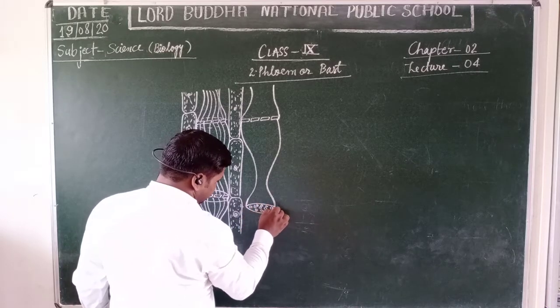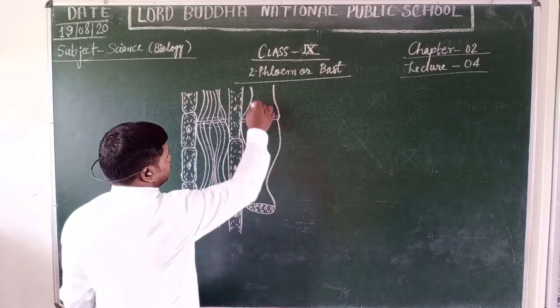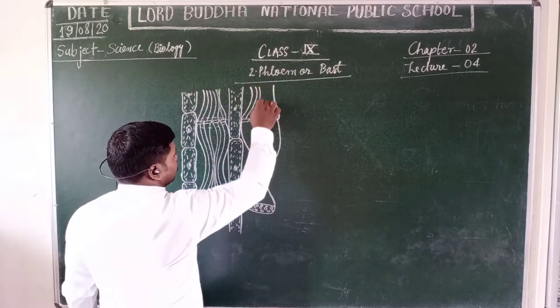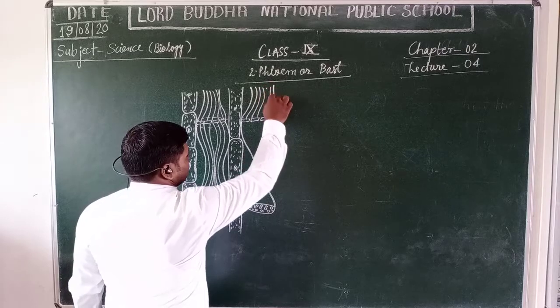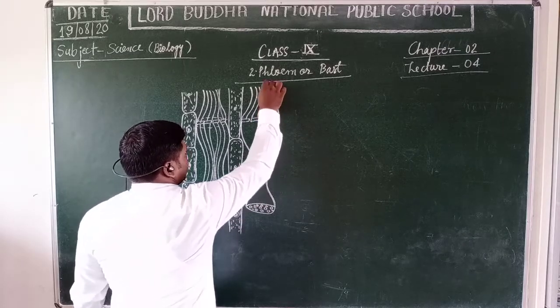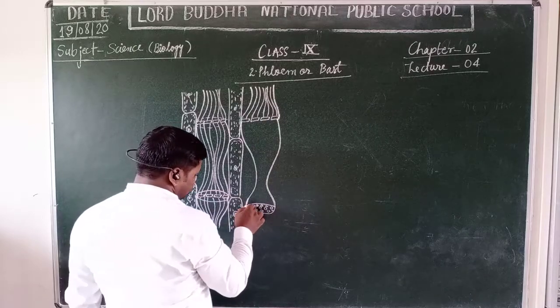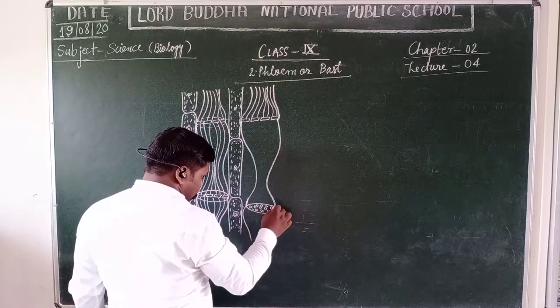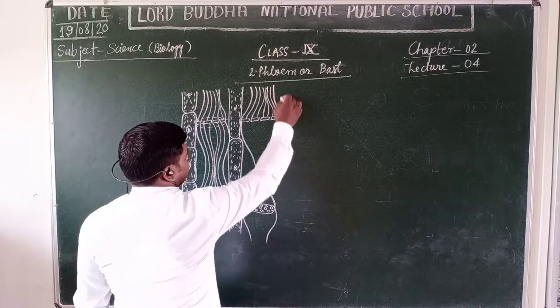These spherical-shaped structures, each and every one, are associated with the tubes, which I draw collaterally in the longitudinal direction to understand very clearly.